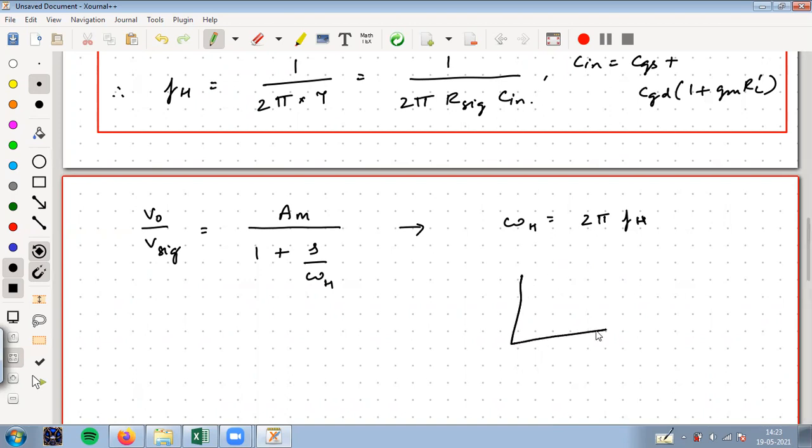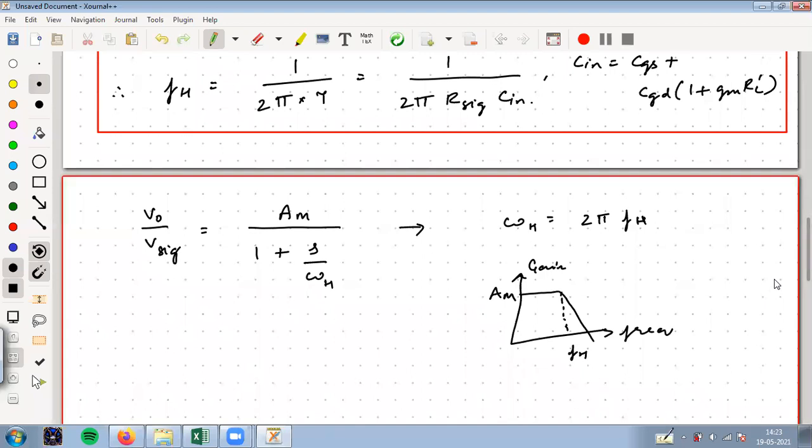If I draw the response, it'll be like this. This is gain, this is frequency. So this is AM, and this is FH.